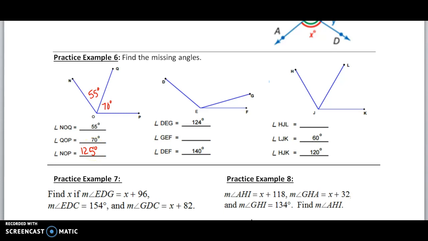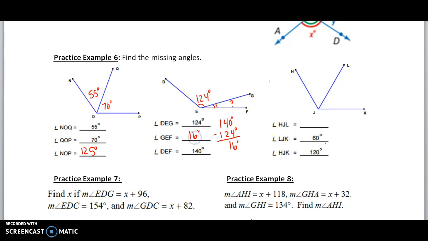Second example here, I see angle DEG is 124, so it's this whole part. The smaller angle over here, GEF, I don't know that yet, but I know the whole thing, DEF, is 140. I know the part I don't want is 124 degrees. So I'm going to take the whole thing and subtract out the part I don't want. 140 minus 124 gives me 16 degrees, and that's the part remaining, angle GEF.